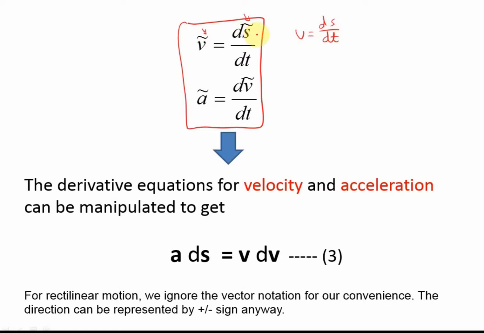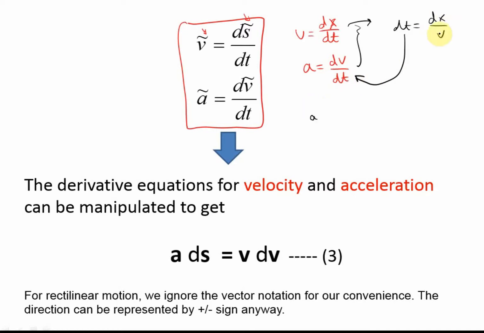In the previous slide I just used x instead of s. So let's just use the x, and a is dv over dt. And here, if you rearrange these two equations, from here, my dt is equal to dx over v. So I replace dt with dx over v.